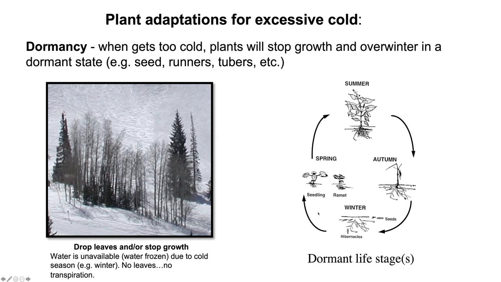The other thing that plants can do is this plant, for example, has these things called hibernacles, but it's basically just leaving some little roots or tubers down there that can get below the frost line, survive through the winter in this sort of dormant stage, and then those can pop out these little things called ramets. But it's just acting like a dormant life stage, and then it'll grow up into an adult plant in the summer as well.